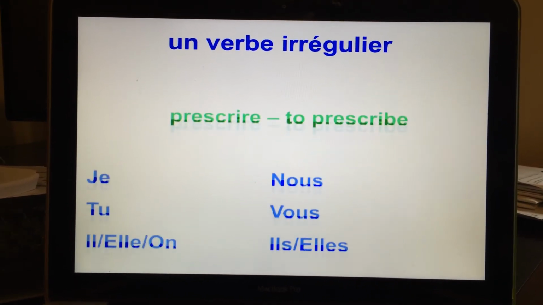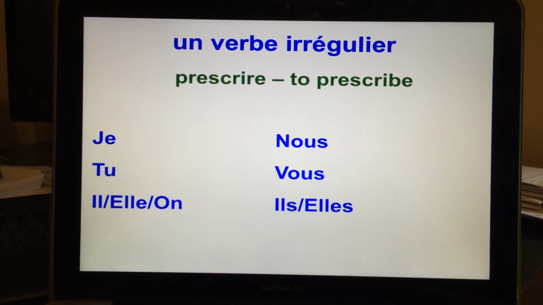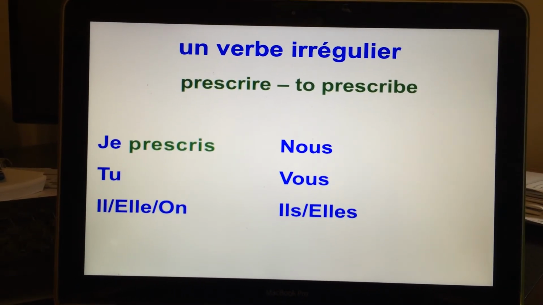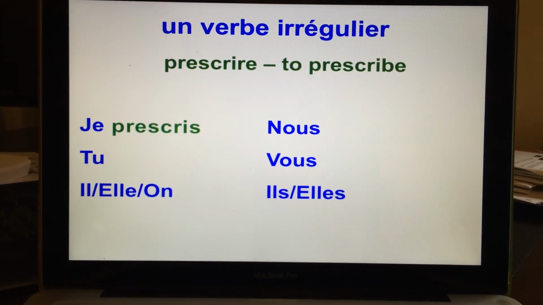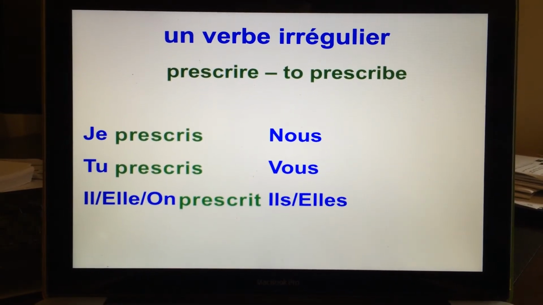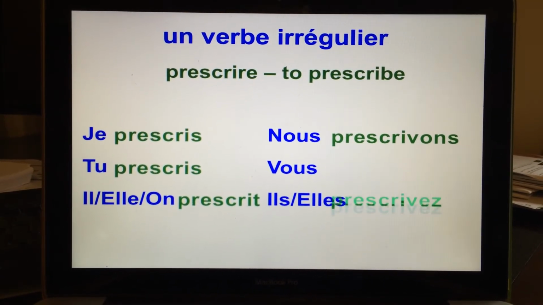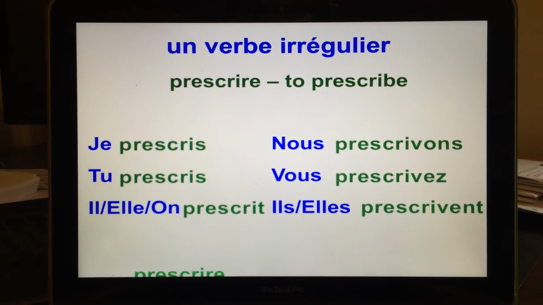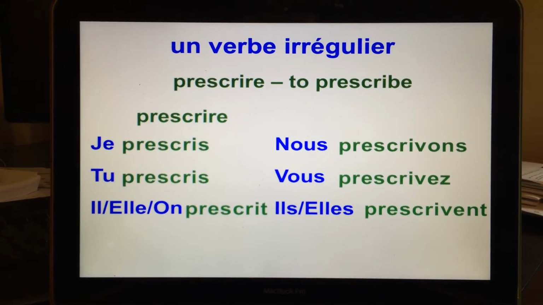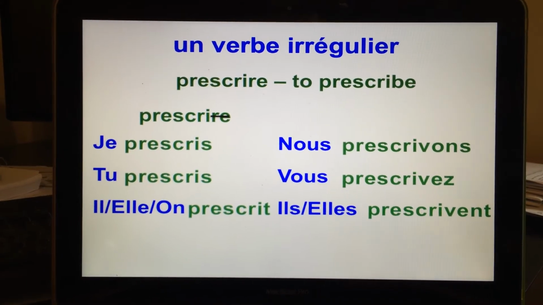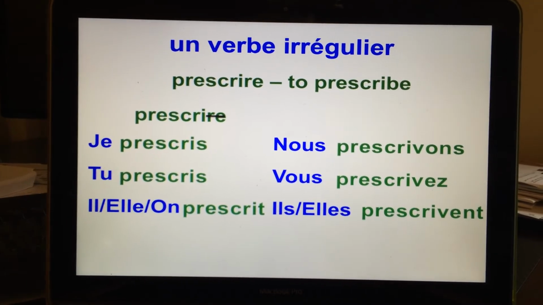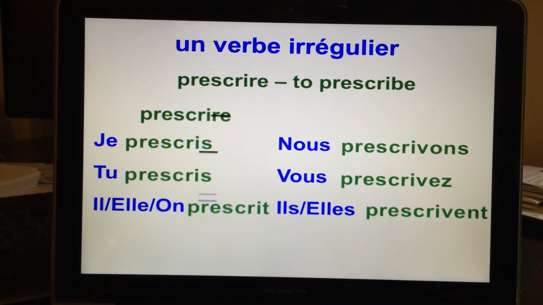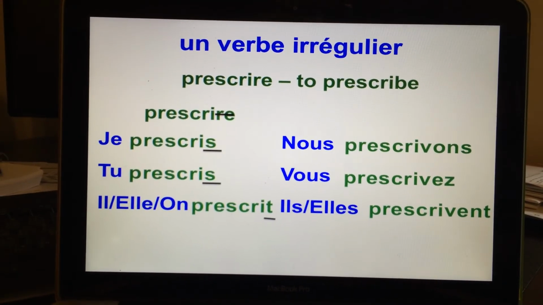Okay, moving on, our next irregular verb is prescrire, to prescribe. And for prescrire, our conjugations are je prescris, tu prescris, il prescrit, nous prescrivons, vous prescrivez, ils prescrivent. All right, so a couple little patterns here to help us. On the left side of the table, if you chop off the RE, you have the stem prescri, and then we've got this S, S, T pattern again, okay?